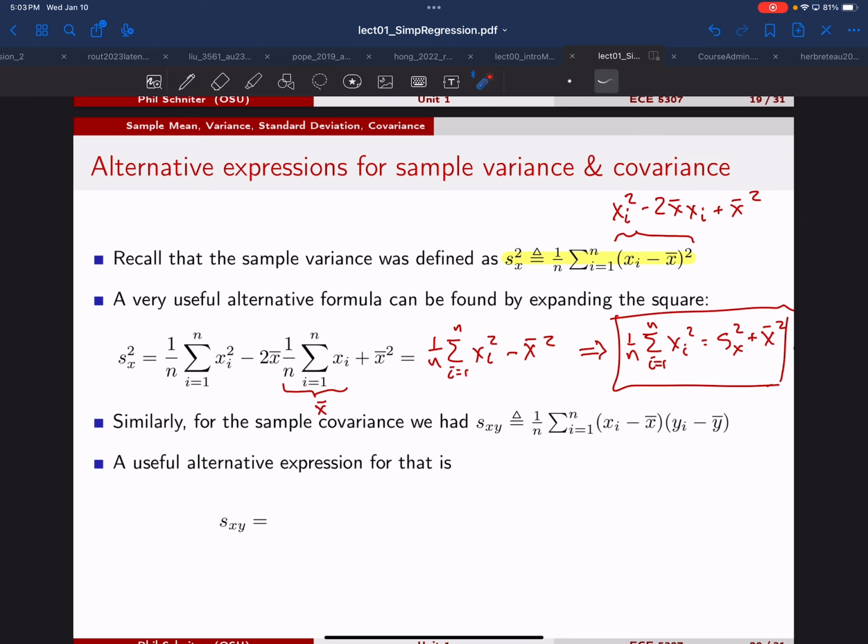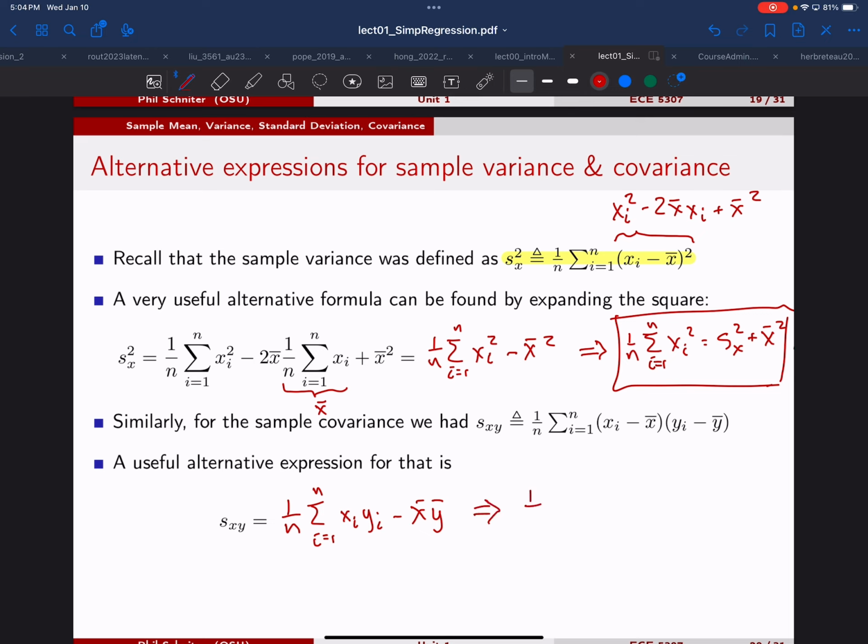And essentially what we will get at the end of the day is 1 over n times the sum of xi, yi minus x bar, y bar, because certain terms cancel.